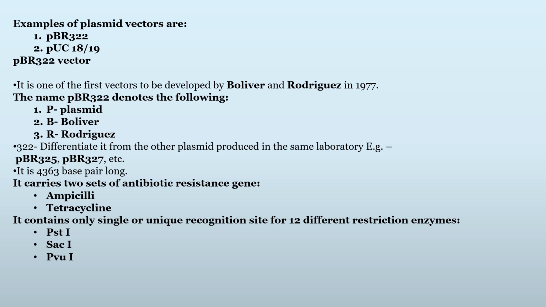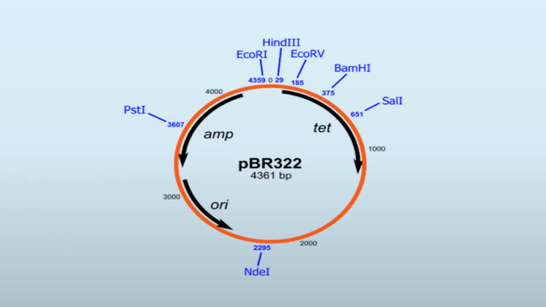It carries two sets of antibiotic resistance genes, that is ampicillin and tetracycline. It contains a single or unique recognition site for 12 different restriction enzymes, such as PstI, SacI, and PvuI. This is a diagram of pBR322.